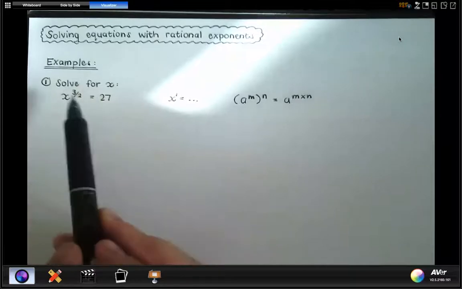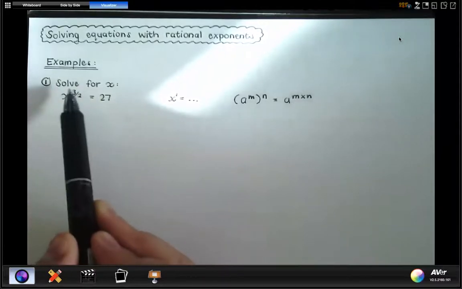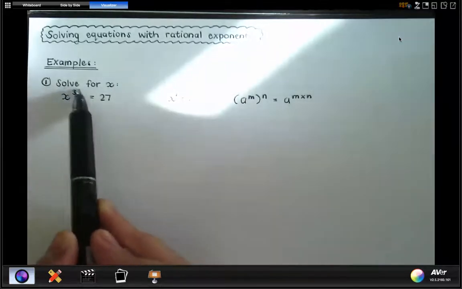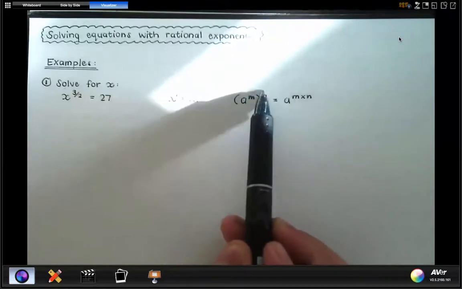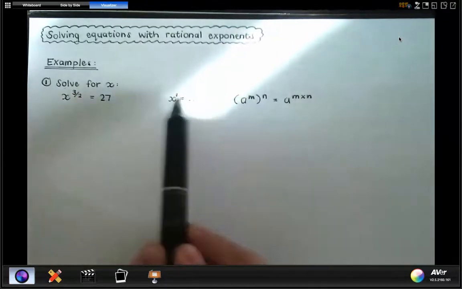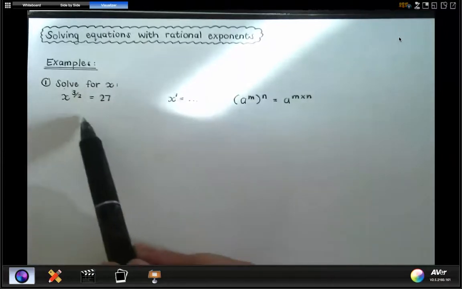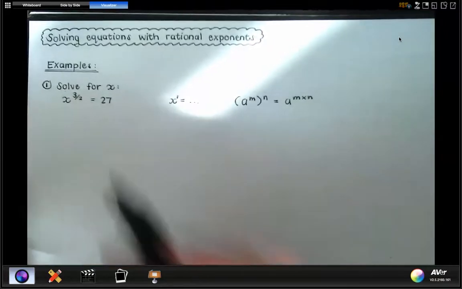So I'm going to say that again. We're going to raise this whole left-hand side, in this case, to an exponent. So we're going to put this in brackets. We're going to raise it to an exponent so that if we multiply those two exponents, we would get an answer of 1. But now, because this is an equation, whatever we do on the one side, we would have to do on the other side as well.